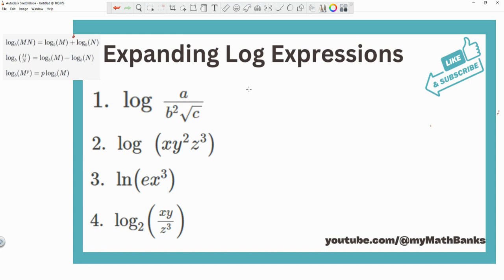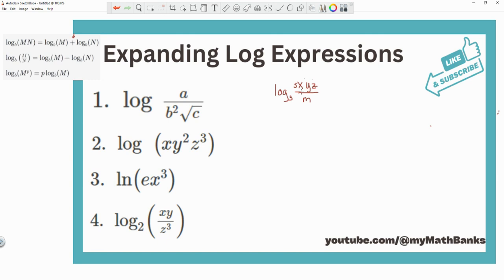So let's do something pretty basic first, not starting with our first problem. So let's say you have log 3, okay, x y z over m. As you can see, this is a fraction, right? So you have one, two, three expressions. In fact, I'm gonna add a 5 in there.